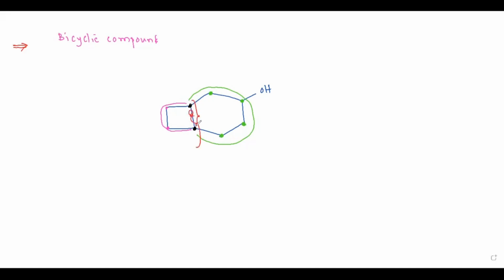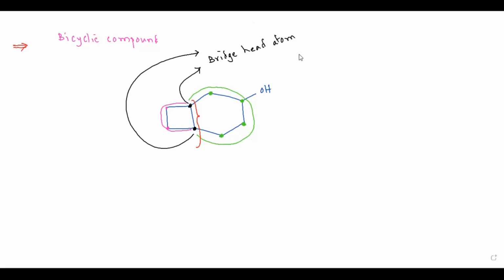But here you don't have any carbons in between. But that is the third bridge. So 3 bridges with 2 bridgehead atoms. The black ones are called bridgehead atoms because they are common for 3 bridges. Even this also is a bridgehead atom. So 3 bridges, 2 bridgehead atoms.